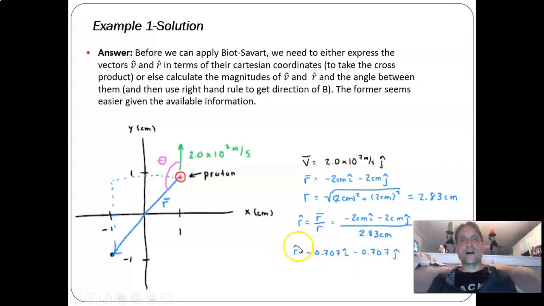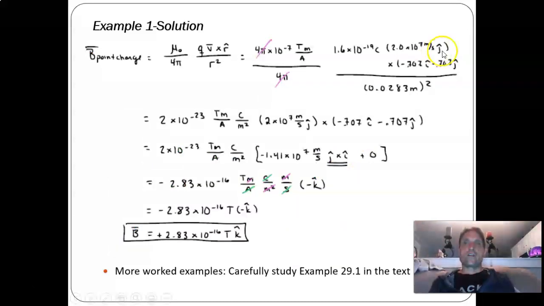So now we have the unit vector r, we have the magnitude r to plug in the denominator, and we have v. Okay, so next we need to take the cross product.